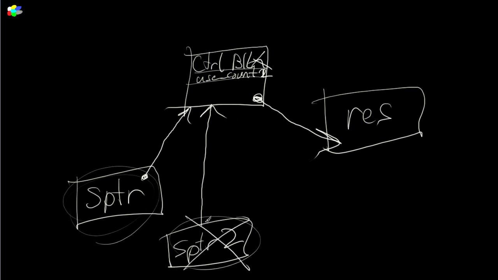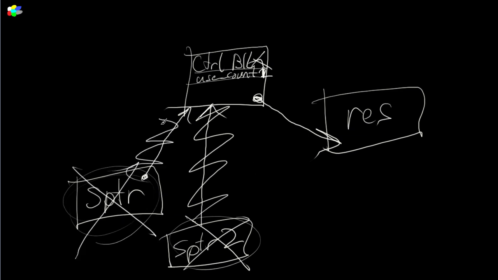When a shared pointer is deleted, this use count is decremented, and when the final shared pointer is deleted, the use count is decremented to 0. This shared pointer object sees that the use counter is 0, so it also will destroy the resource, and it will destroy the control block. This is the simplest picture of how shared pointer works. It's also a bit of a lie.